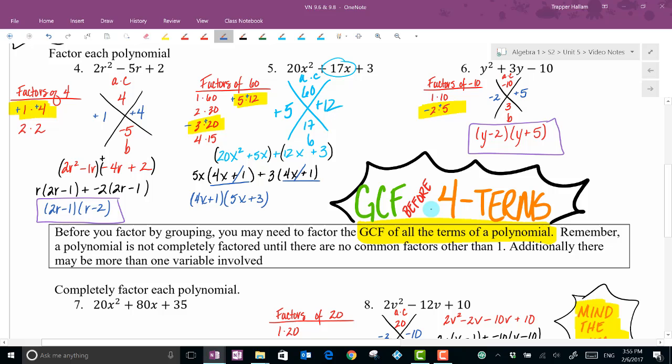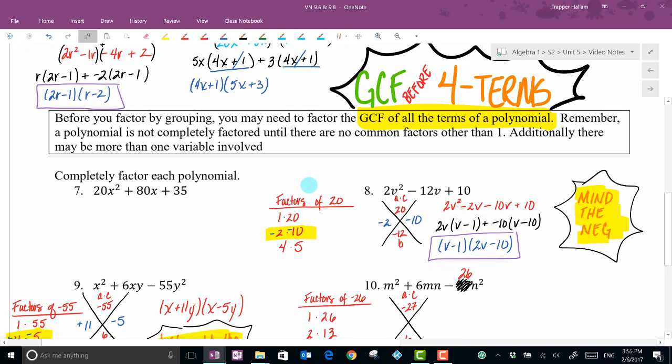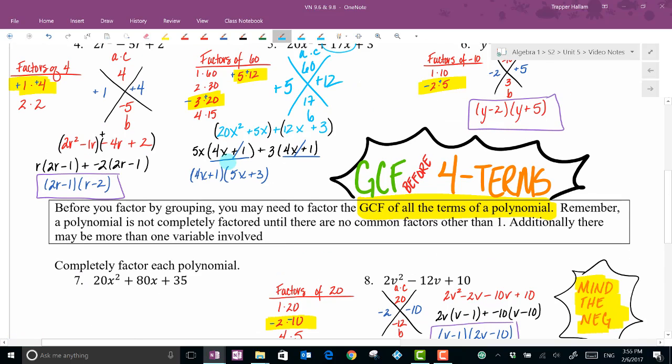What we need to do is we're going to find one like this example 7 here. What this says is that we can see that 20, 80, and 35 all have something in common, right? They all have a value of 5 in common between them. We've not seen that before. So what we need to do is we need to divide out a 5 before we start this process here.